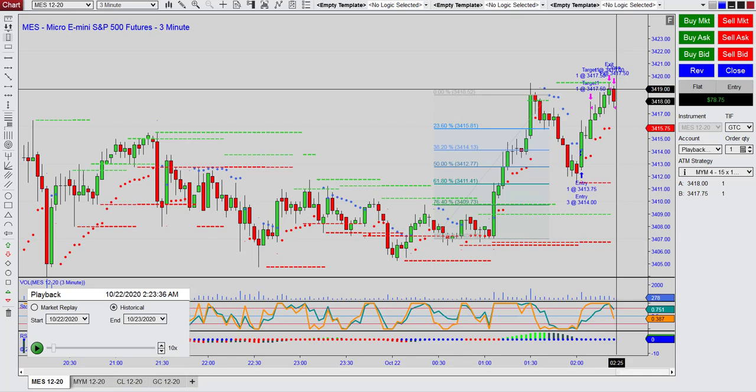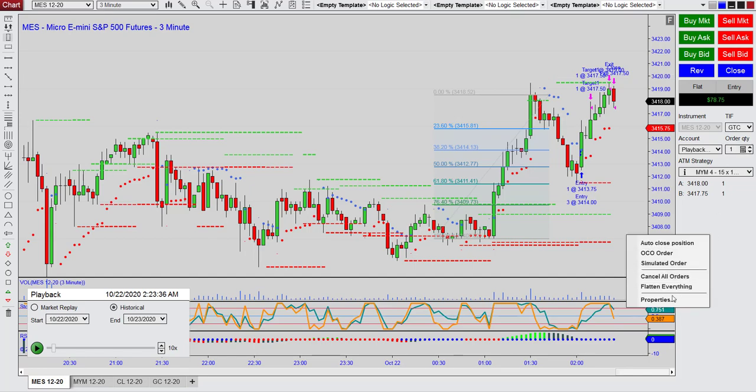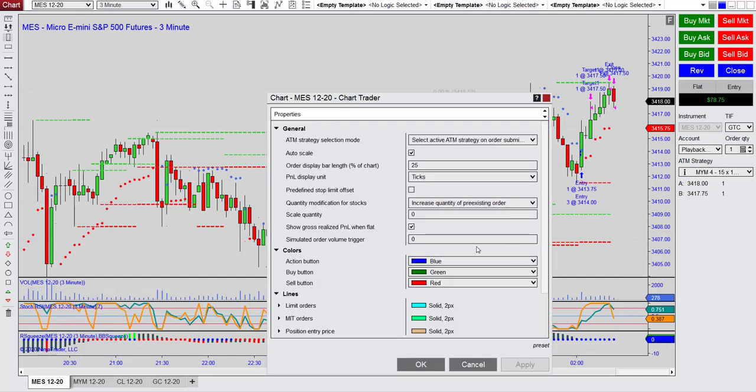I didn't give it much room. Overnight sessions tend to be range bound, and also they'll get breakouts and breakdowns more on the London session at 3 o'clock and 4 o'clock than we do on the German session.